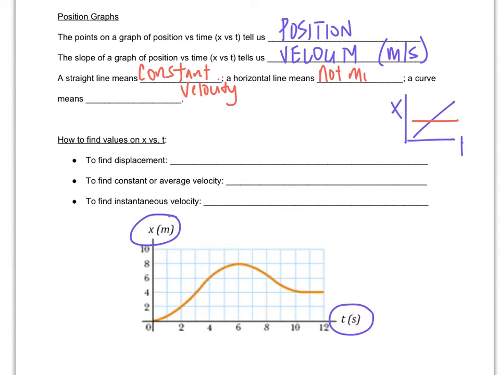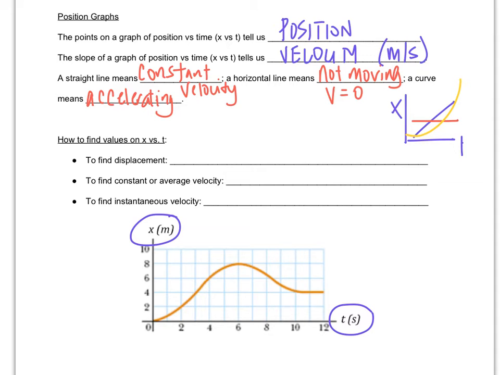It's staying at rest, or its velocity is 0. If you see a curve, more like the graph down below, that indicates that the object is accelerating, meaning its velocity is not constant. It could be that it is losing speed or gaining speed, but it definitely is not constant.